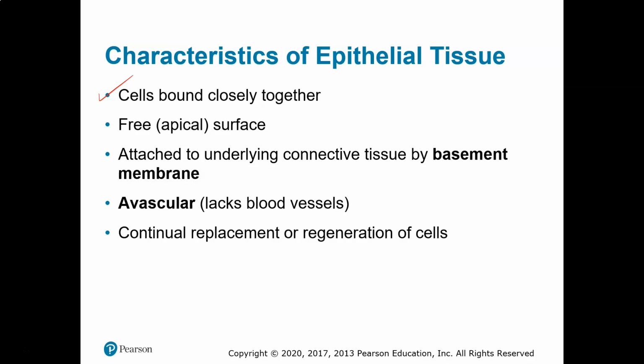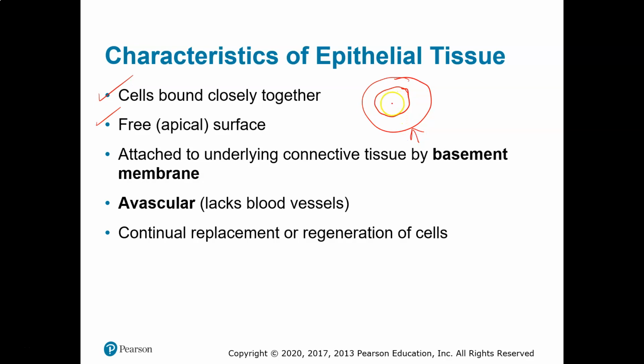The cells always have a free surface or an apical surface that is exposed either to the outside of your body or to some interior. For example, the surface of the lining of your intestines. So if this were a cross section through your intestines, you've got epithelial tissue that covers the outside.